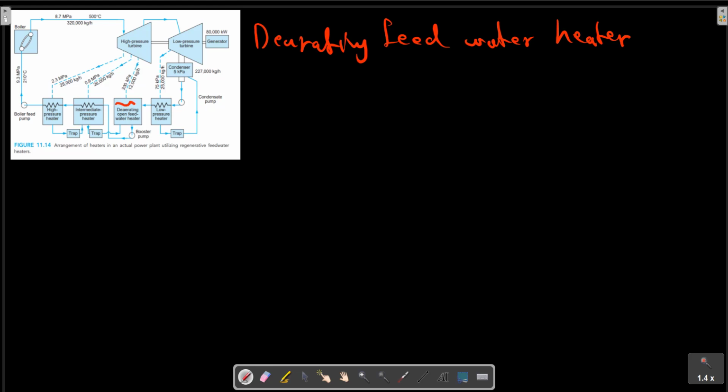This heater has the dual purpose of heating and removing the air from feed water.